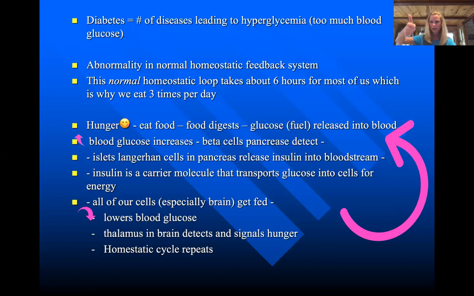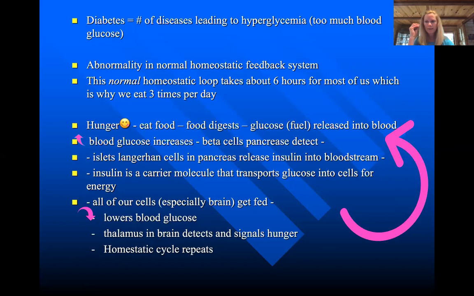So now we've got glucose up in the bloodstream, we've got insulin up in the bloodstream. Now insulin, I want you to imagine, is a transport or a carrier molecule. Insulin can pick up the glucose and then transport it into the cells where the cells use it for energy, ATP or any kind of energy needs that the cells might have. And then all of the cells in our body that are hungry get fed.